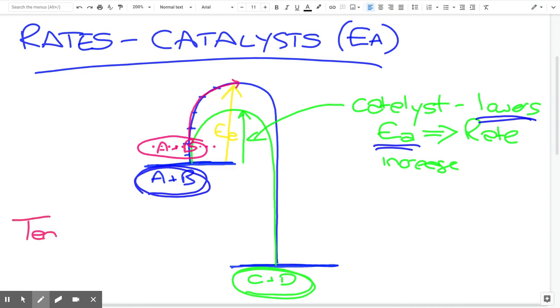For the other ones, in order to double the rate of reaction for surface area and concentration, for example, we had to double the concentration and surface area. But for temperature, in order to double the rate of reaction, all we need to do is add 10 degrees, because we get a cumulative effect of both speed and energy.